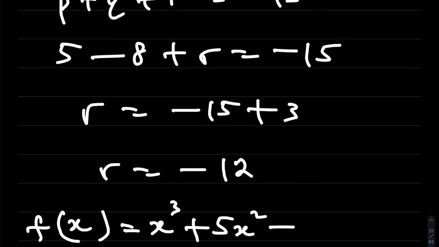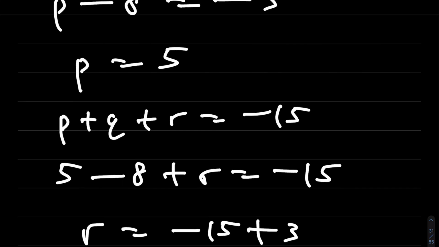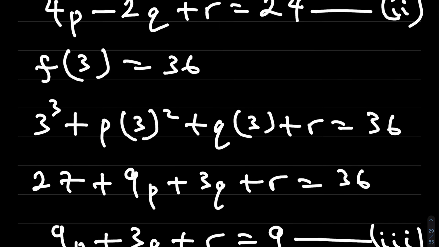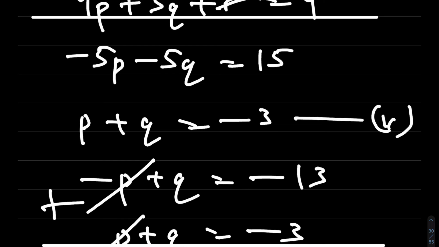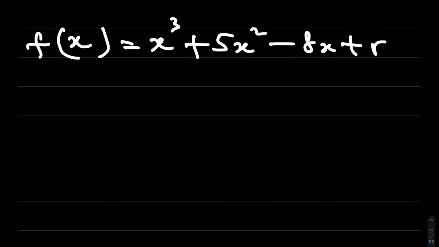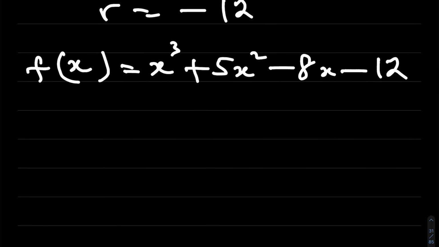Q is minus 8, so minus 8x plus r. I don't just write r, I write its value. R is minus 12. So f of x is x cubed plus 5x squared minus 8x minus 12.